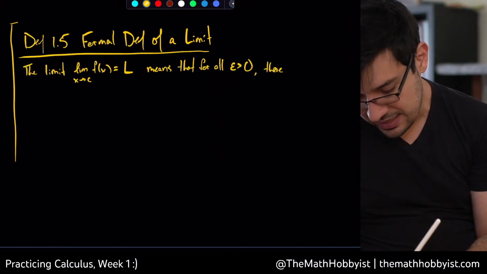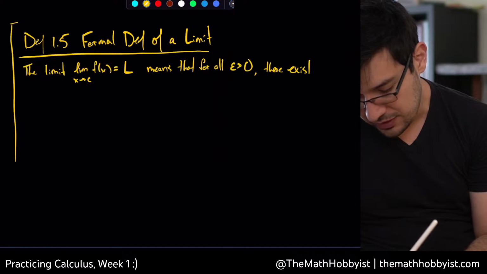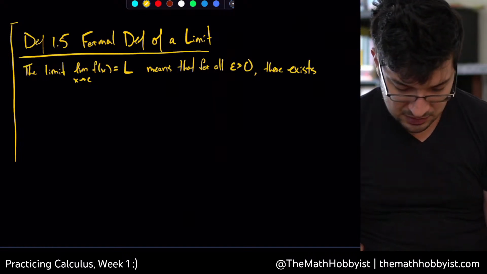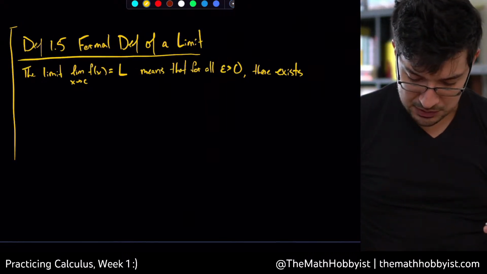For all, so nearness is epsilon. For all epsilon greater than 0, there exists, I should have tried to do this on my own before cheating, but oh well.